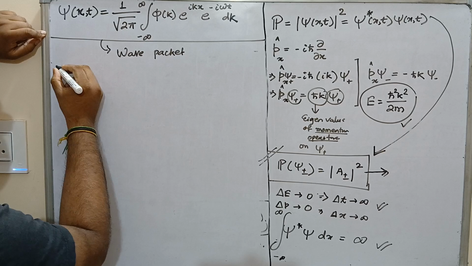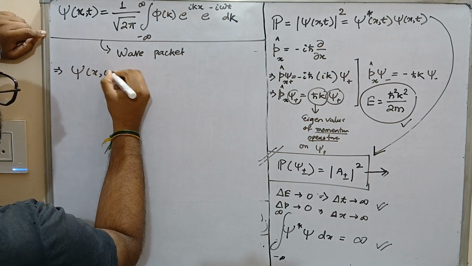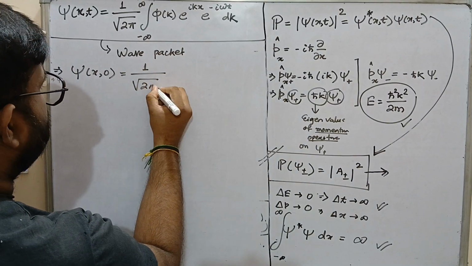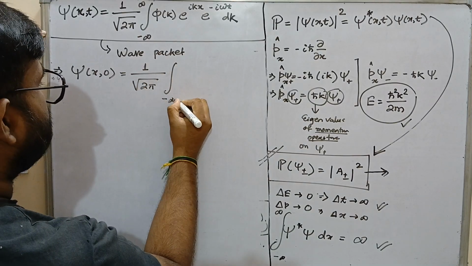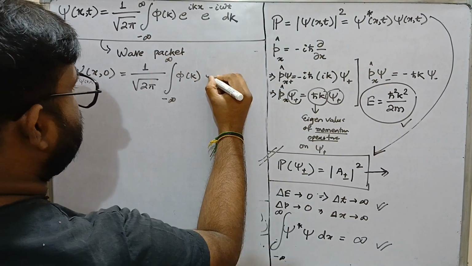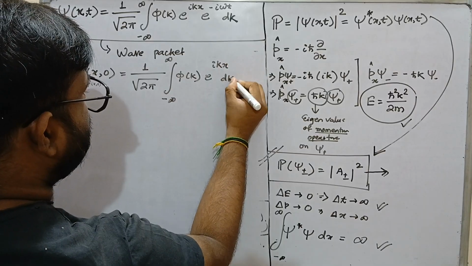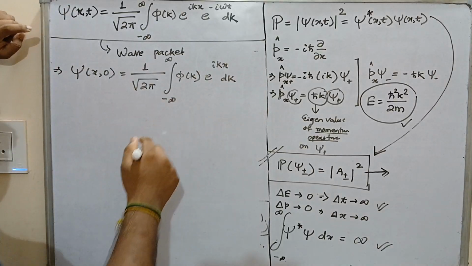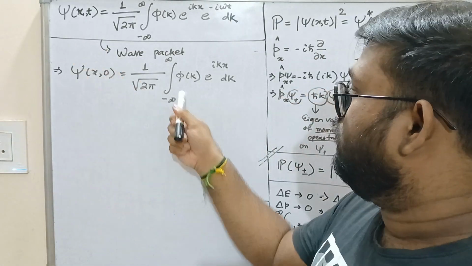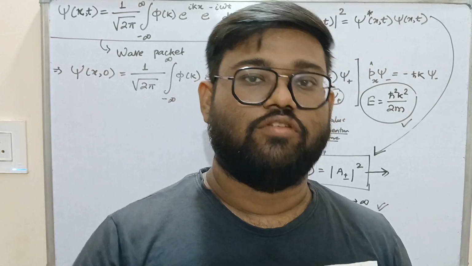Now you can also transform it like this. You can say psi of x can be done by this formula: 1 by root 2 pi, integral from minus infinity to plus infinity, phi of k e to the power i k x dk. Now look at this. This is your wave function, and phi of k is nothing but the amplitude of your wave.